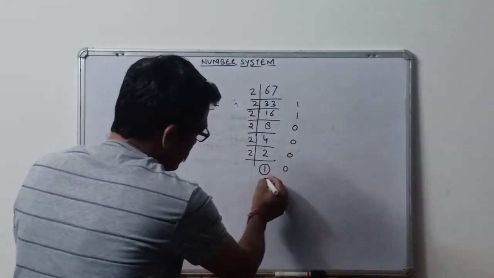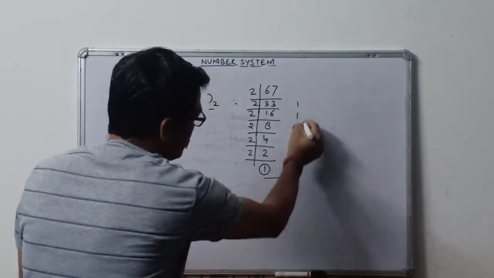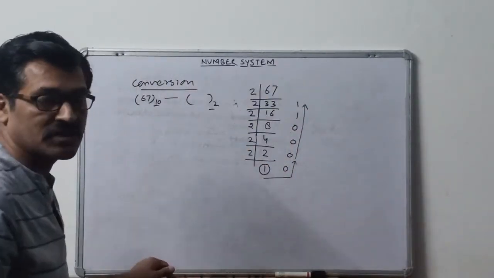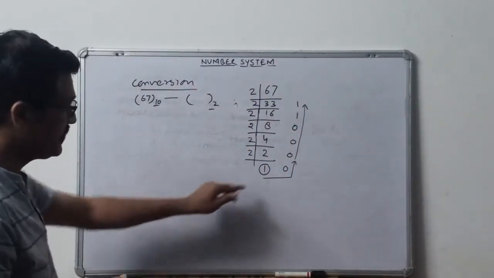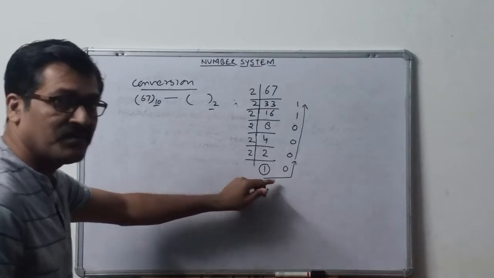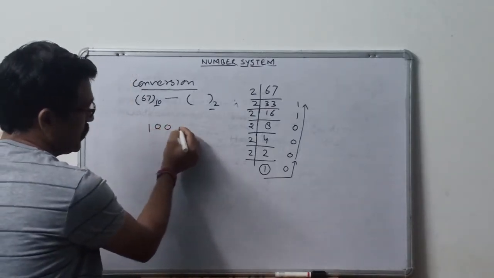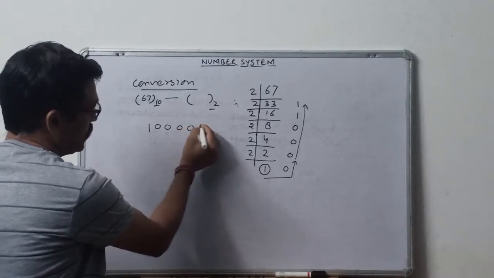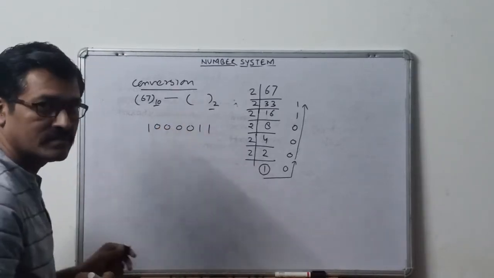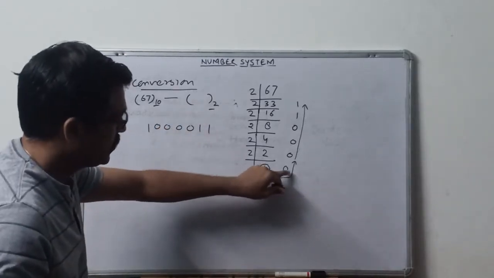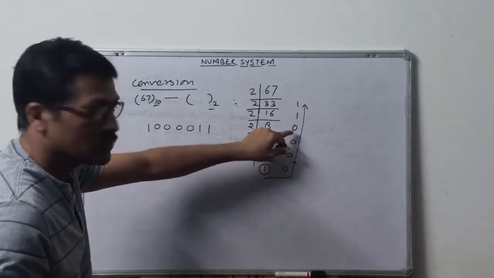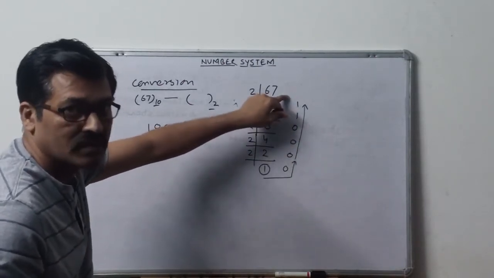From down to up, always from bottom to top, we will have to write every remainder here. 1 0 0 0 0 1 1.